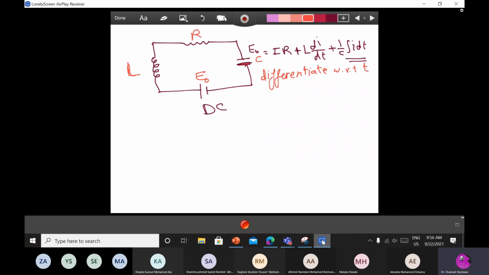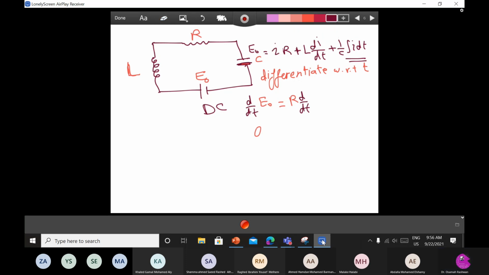When I differentiate d by dt for E naught, and E naught is constant, you will have 0, right? Equal to R is constant, and you differentiate the current because the current changes. Sorry, I have to use the same symbol.